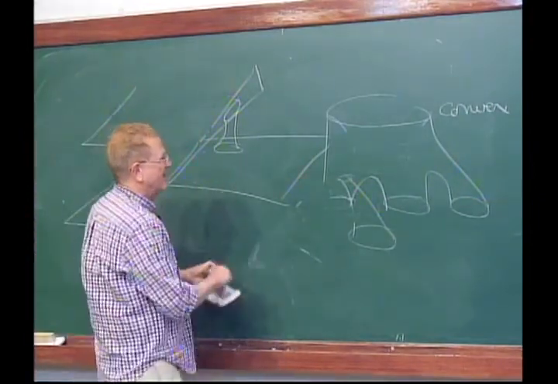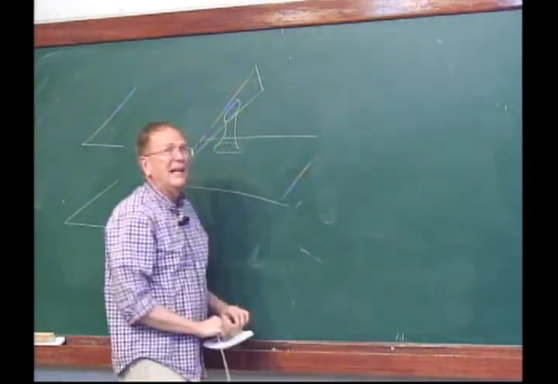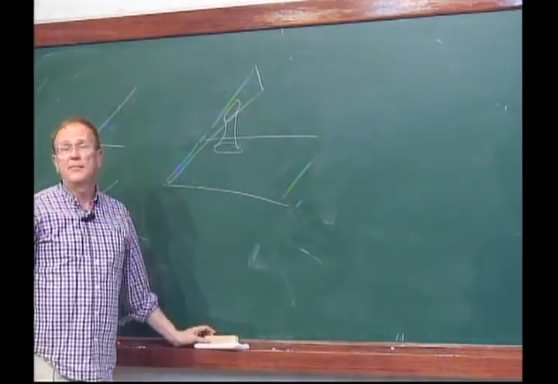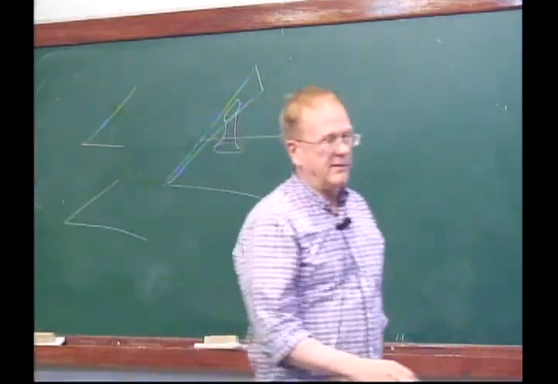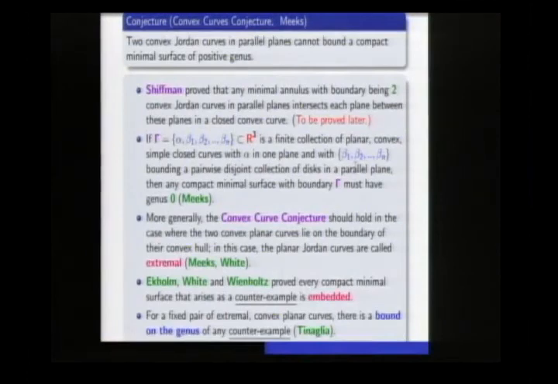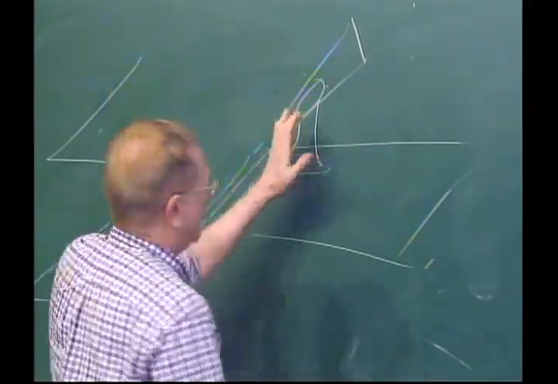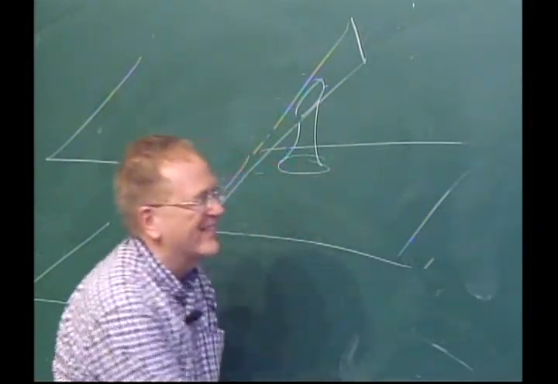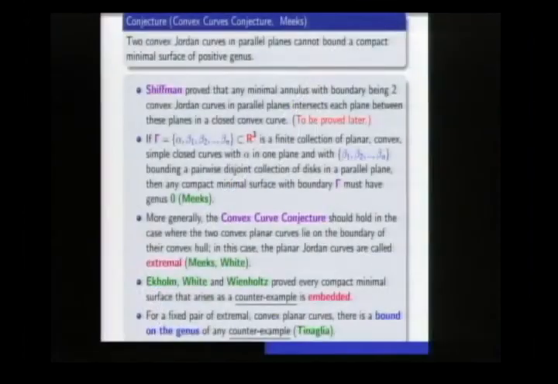So you can think of this as a generalization, but also a generalization where you can completely understand the moduli space of genus 0 examples. I'm going to talk a little bit more about this problem next time.